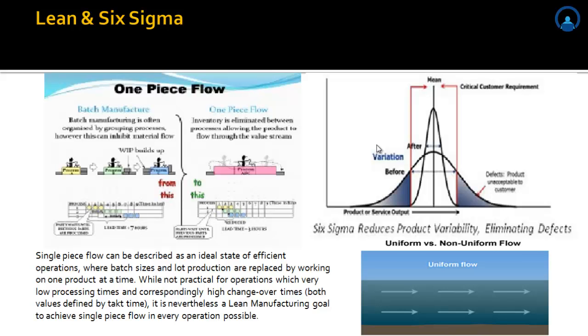From that concept of bulk batch manufacture, the emphasis in the Lean system is to gradually go into a system of one-piece flow.